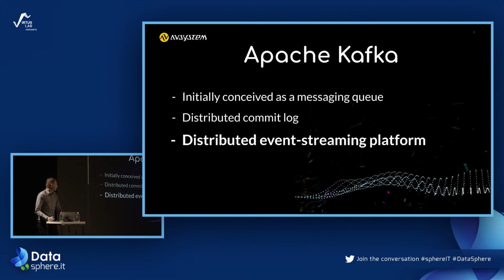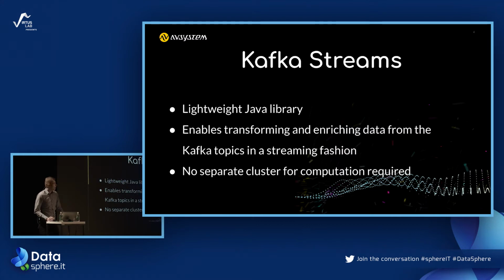Now, I see it as a distributed event streaming platform, and all of it is because the Kafka Streams library has been introduced. What is it? It's just a lightweight Java library that you can include in your project, based on any JVM language. It can be Java, it can be Scala, and it enables transforming data from one topic to another, I mean Kafka topic.